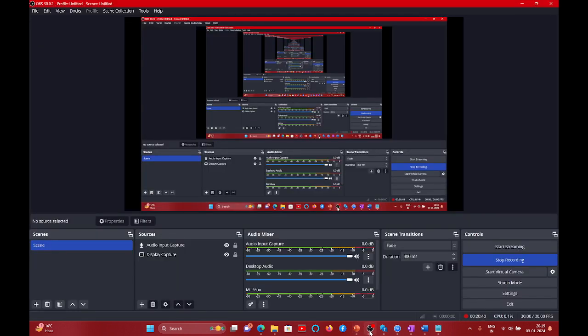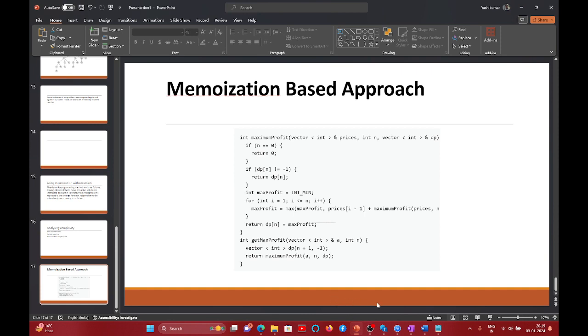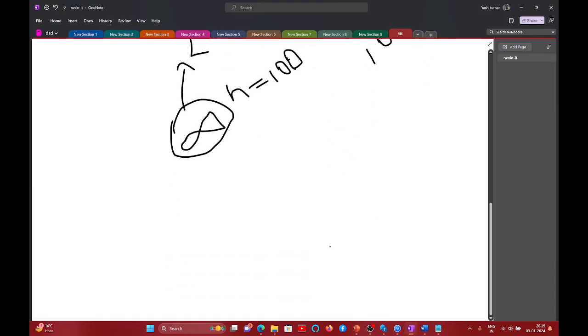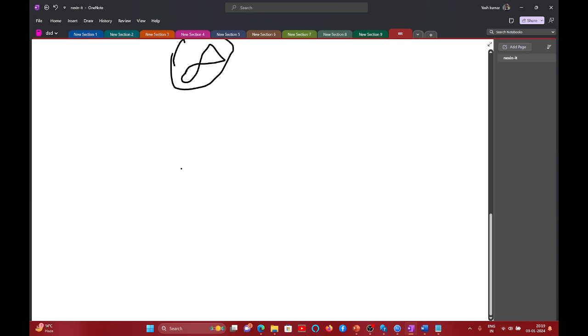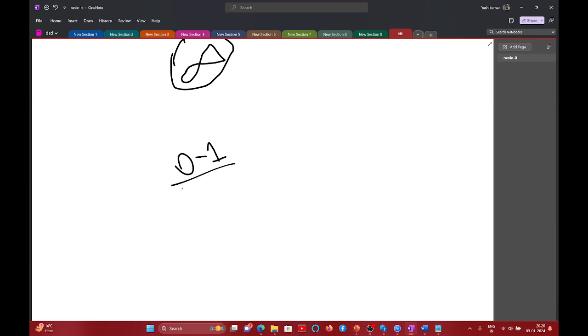I think there are a few other things that we may talk about, but that would be too much for one session. Let me just draw these. There are other types of problems like the 0 1 knapsack problem and longest common subsequence problems.